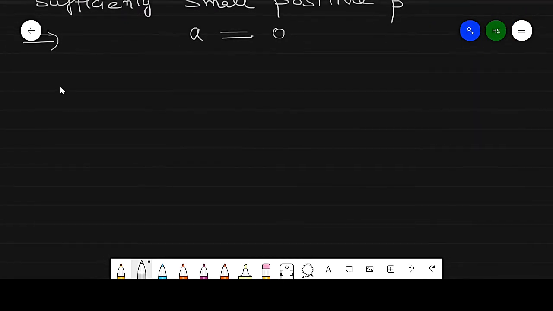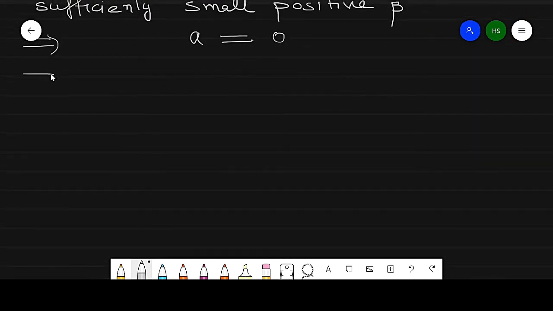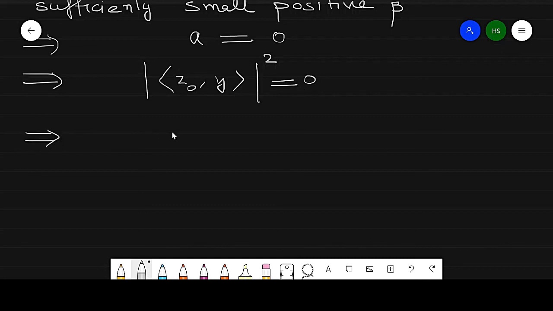If a is equal to 0, so what is a? A is the inner product of z0 comma y raised to power 2, equal to 0. So it means the inner product of z0 comma y is equal to 0 for every y belonging to M. So what does it mean?